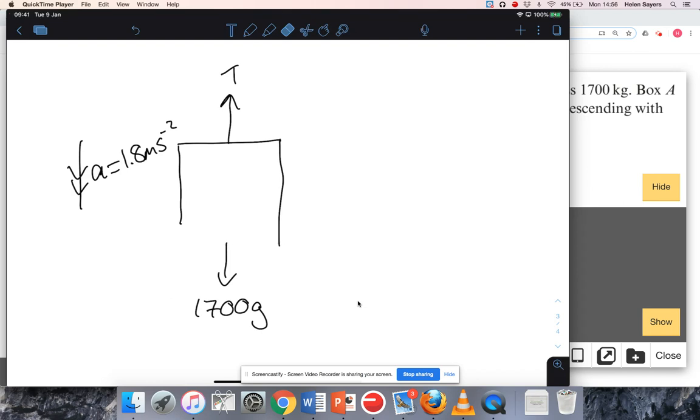Let me just correct that, I've got that going the wrong way. So I'm looking at the forces on the lift. Box B is exerting a force downwards on the lift, isn't it? That would help. Okay, so we use F equals ma again. I'm going to take down as positive. So looking at the forces on the lift, and I know from my previous answer that the tension is 16,000 newtons.